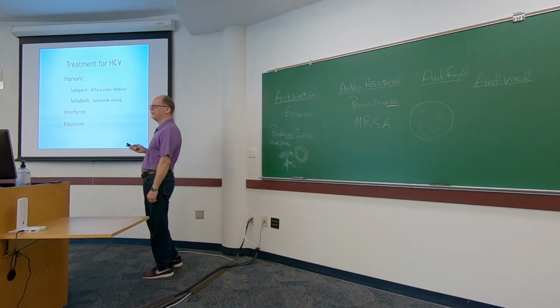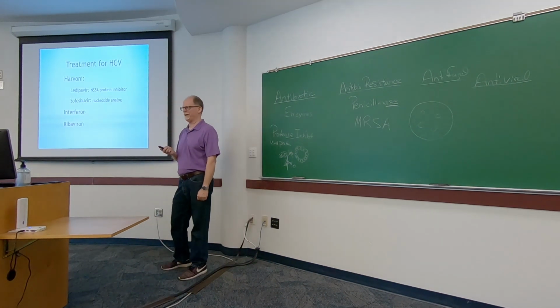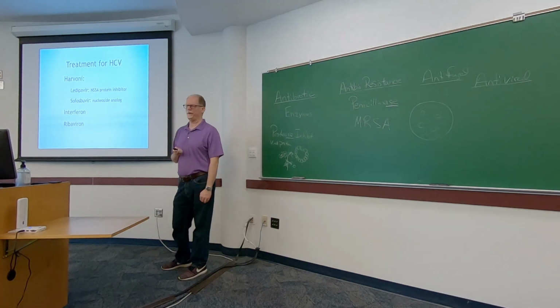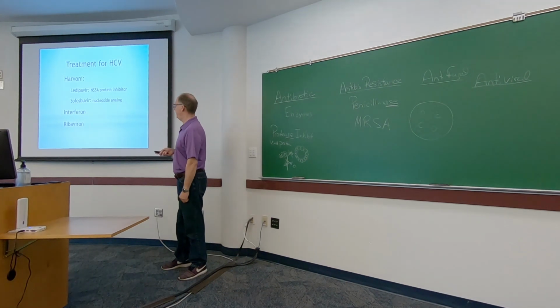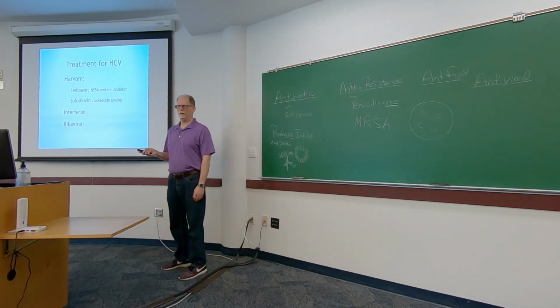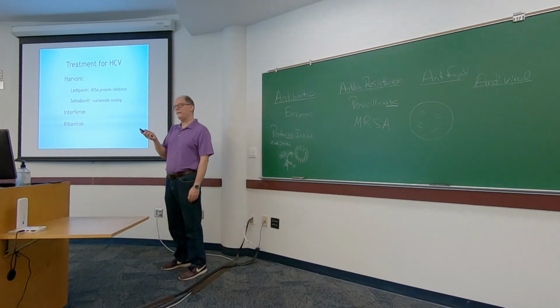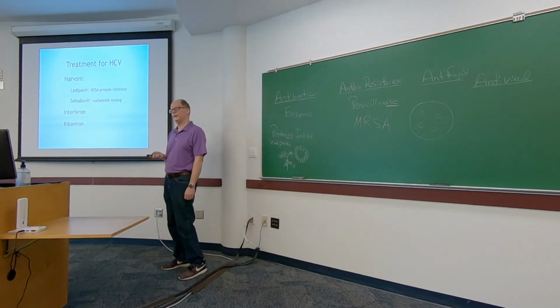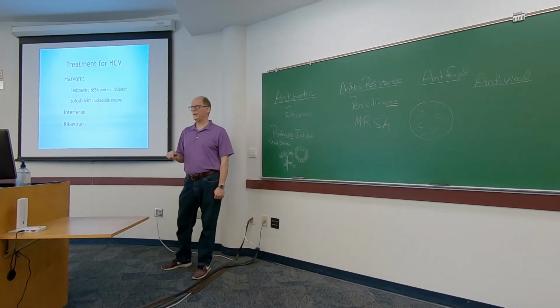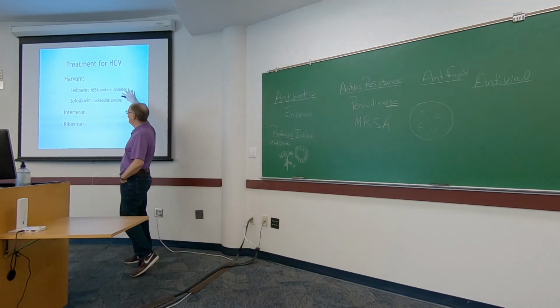Harvoni was, I think, they started using that like 3 or 4 years ago. Now, I think there's even a better drug than that. And I think when they came out with Harvoni, they were still using interferon. But they were thinking about getting rid of the interferon treatment because many people, they make you sign paperwork that you're going to complete the treatment.